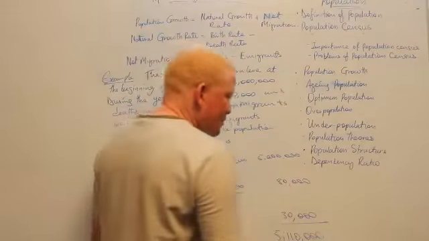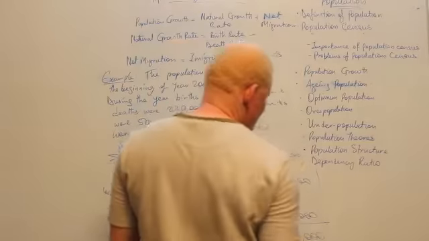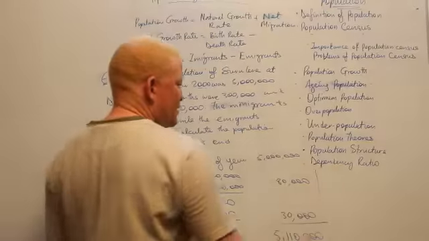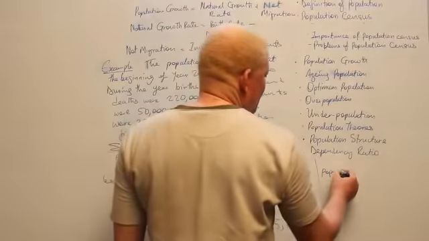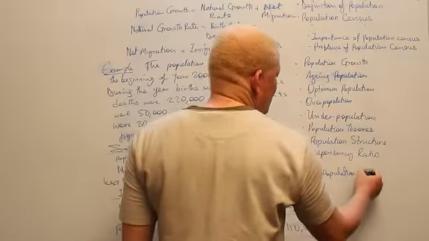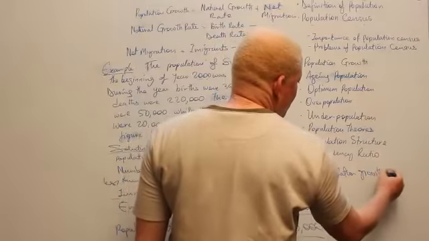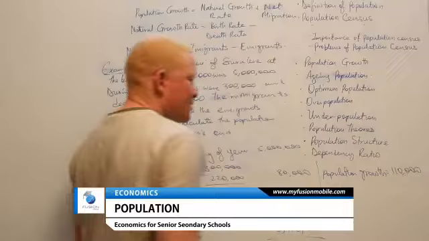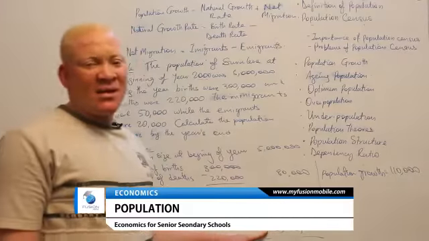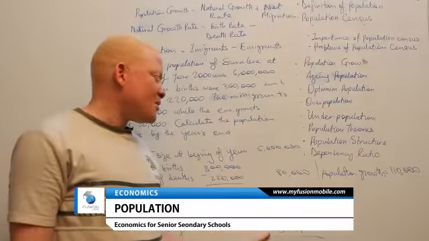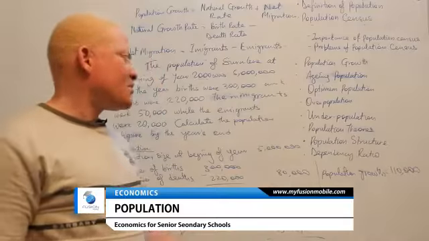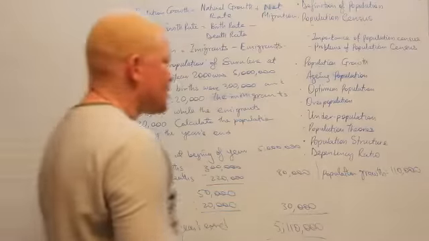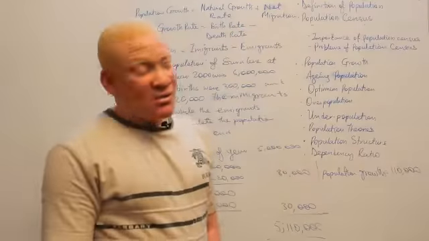Now, that means my population growth itself is 110,000, not 5,110,000. It is just the difference between the initial population and the final population, just these two. So that gives us that. So that is talking about population size and population growth.